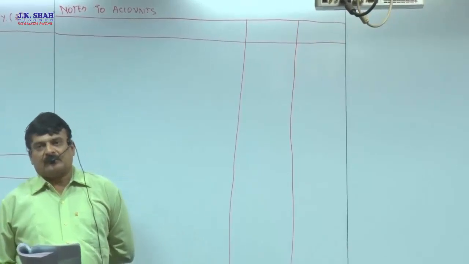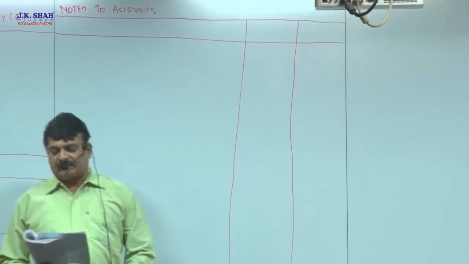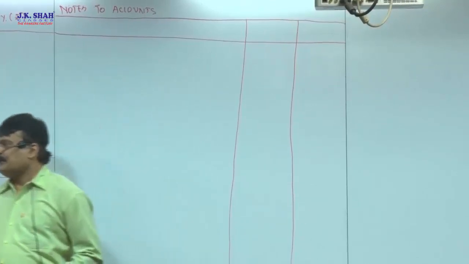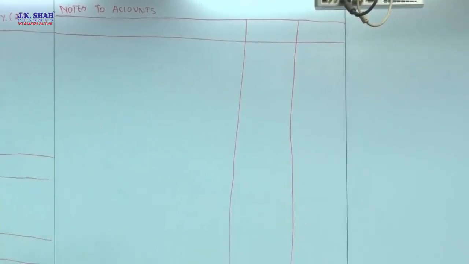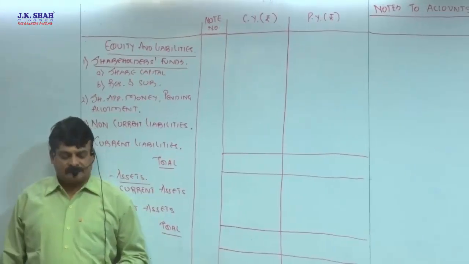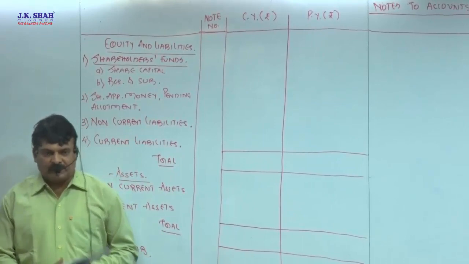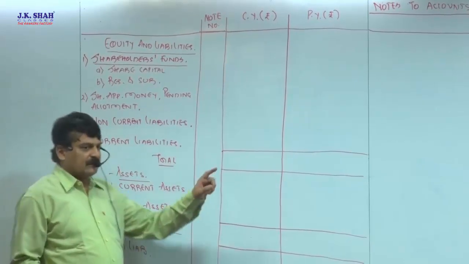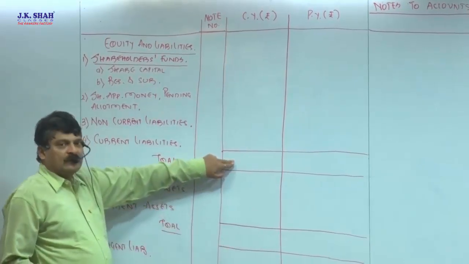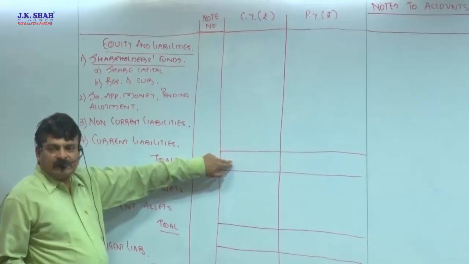D, short-term provisions. Total. And against that total, making a total box. Total box is something as this one, right? You can see in your textbook also that box being made.